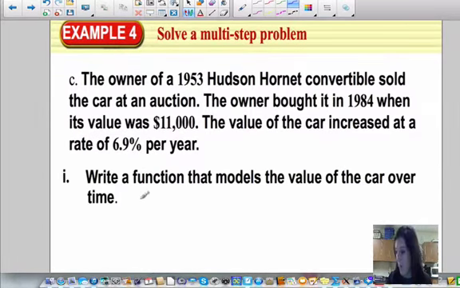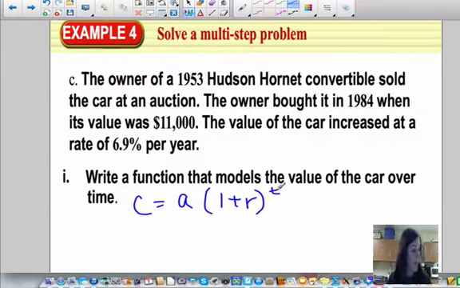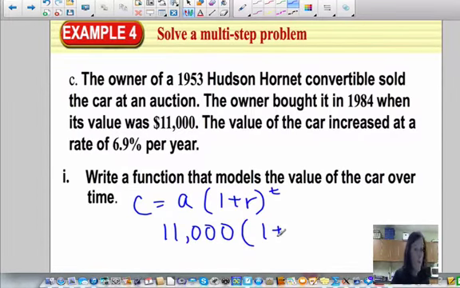So again, that formula is the cost equals, or y equals a times 1 plus r to the t power. A was representing the initial cost. Well, they said the value was $11,000, so I'm going to plug that in for A. 1 plus, and they said the rate was 6.9%. Now, when you're plugging it into a formula to solve, you have to switch it into decimal form.